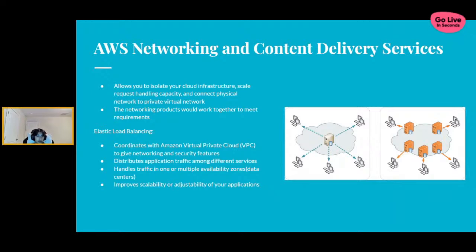Elastic load balancing coordinates with Amazon Virtual Private Cloud, or again VPC, in order to give networking and security features. It distributes the application traffic among different services, and it handles the traffic in one or multiple availability zones or data centers. It also improves the scalability or adjustability of your applications.